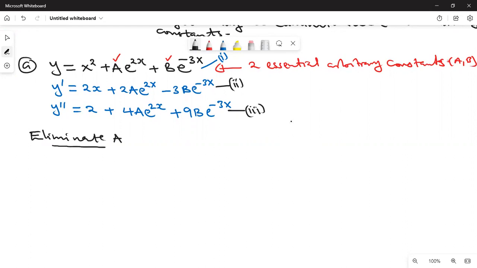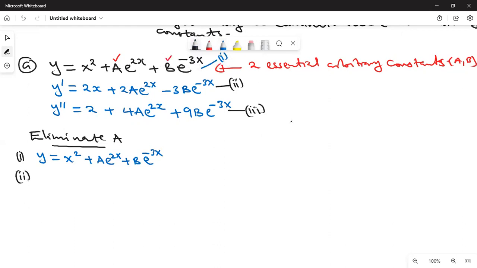So I want to consider the first equation. The first equation is y equals x squared plus a exponential 2x plus b exponential negative 3x. So eliminate a between equations 1 and 2.